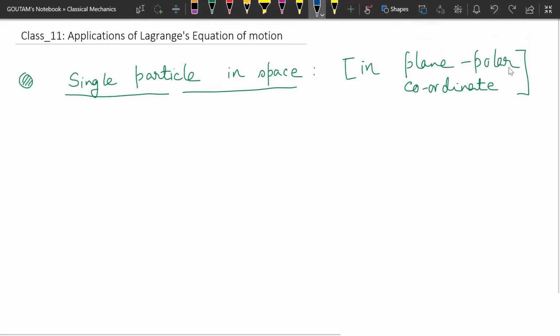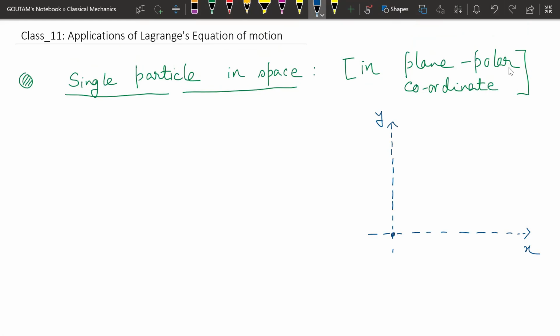So this is the x-axis, y-axis, and the z-axis is coming out of the plane of the paper. This sign means there is an axis coming out of the plane.